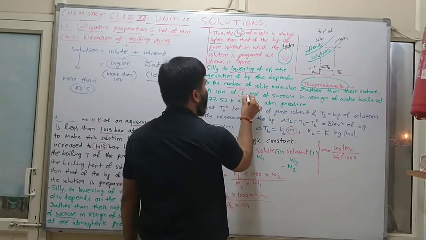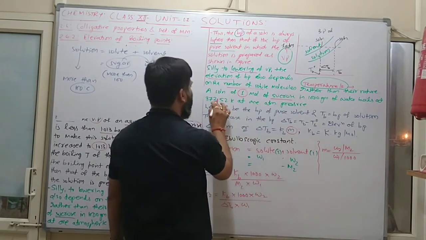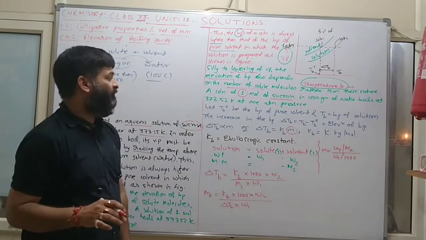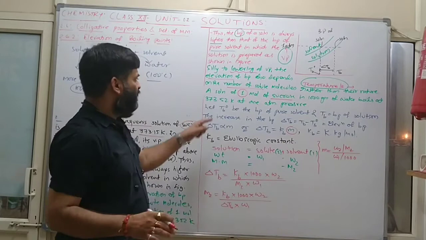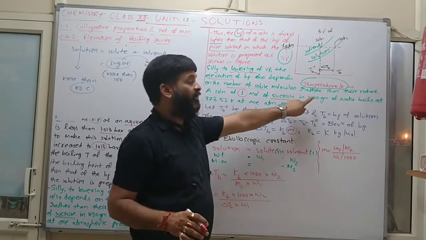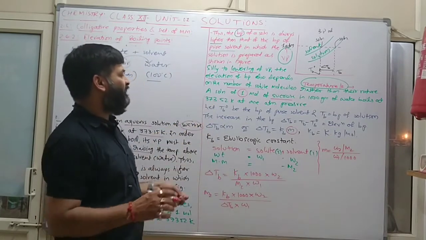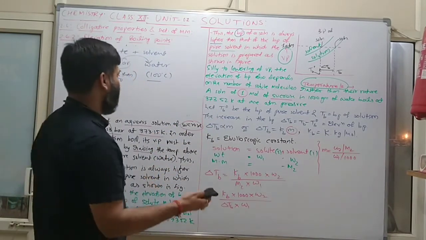A solution of 1 mole of sucrose in 1000 gram of water boils at 373.52 Kelvin at 1 atmospheric pressure. Clear?